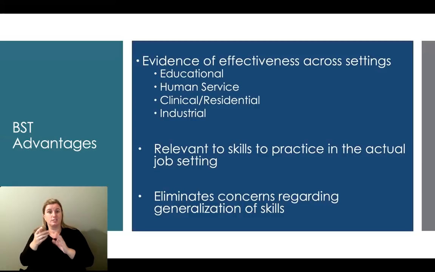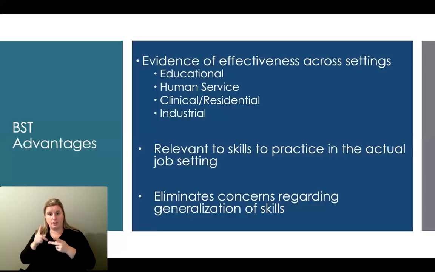Or just simply skills that are relevant to their practices. But what are some of the BST advantages? There is evidence of effectiveness across settings. So we can train anyone across any setting to implement any specific skill in educational settings, human service, clinical, residential, industrial, educational, as already mentioned. It really focuses on skills to practice in the actual job setting.